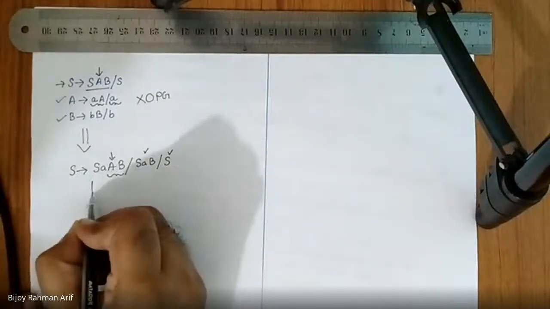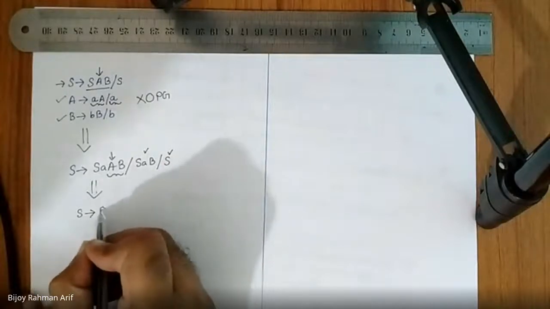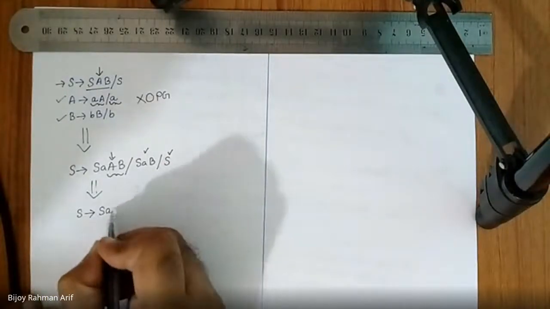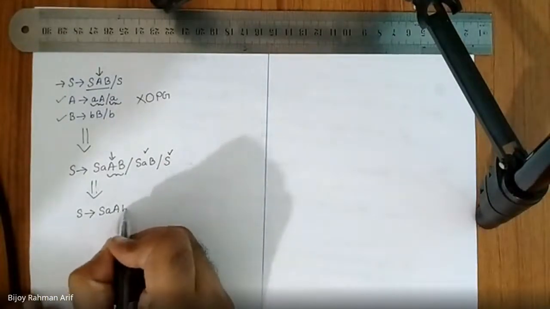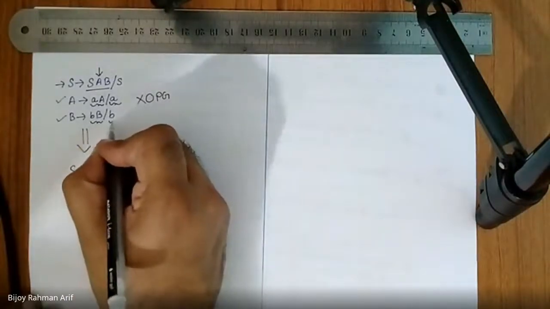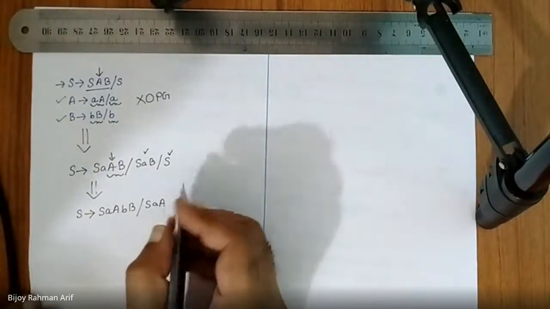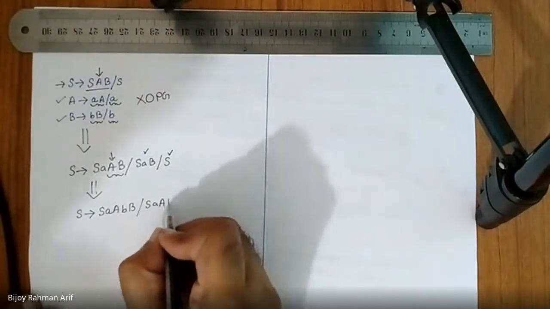Let's try another step. S derives SABB, and we also need to put this part as well. So it would become SA, then B. We are done.